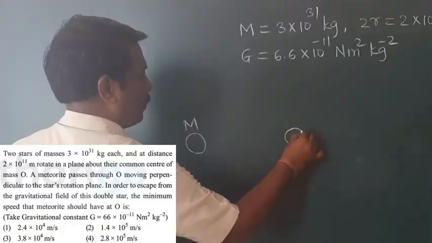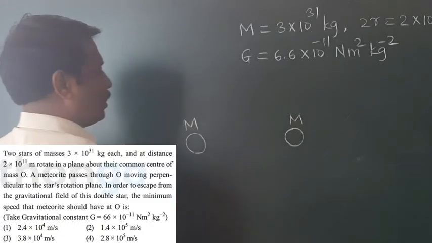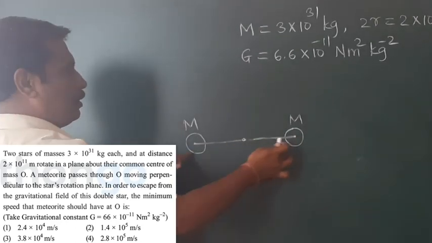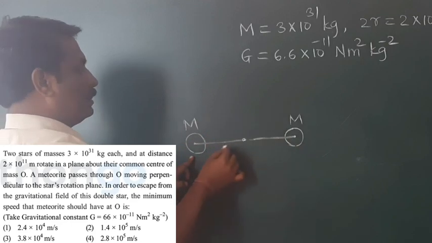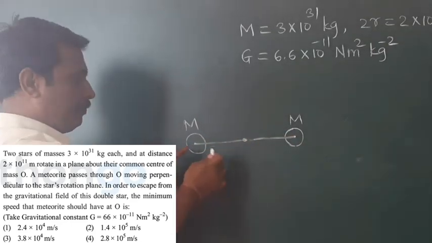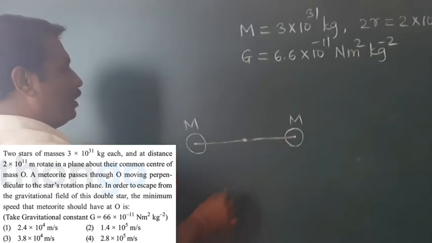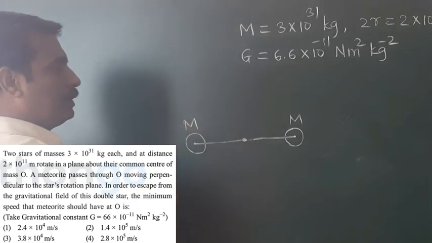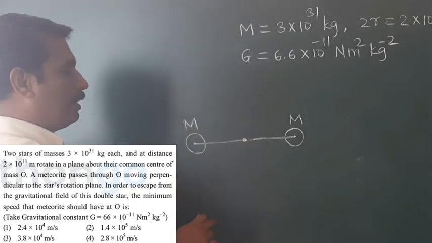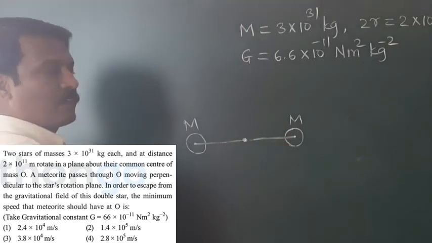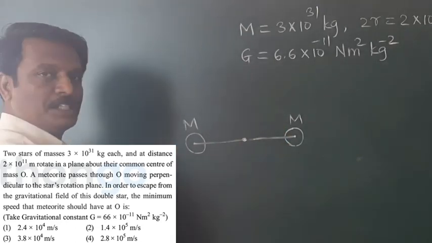Two stars of equal mass M are rotating about their center of mass. Since both stars have the same mass, the center of mass will be the midpoint between them. Now the question is, what must be the minimum velocity of a meteorite passing through this center of mass to escape from the gravitational force of these two stars?